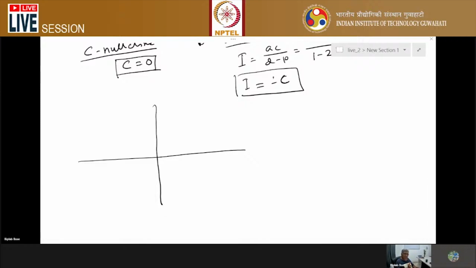So the C null-line is C equal to 0. That means it's a vertical line. Horizontal is C, vertical is I. So the C null-line C equal to 0 would be this vertical line. So this is my C null. This way you can write.